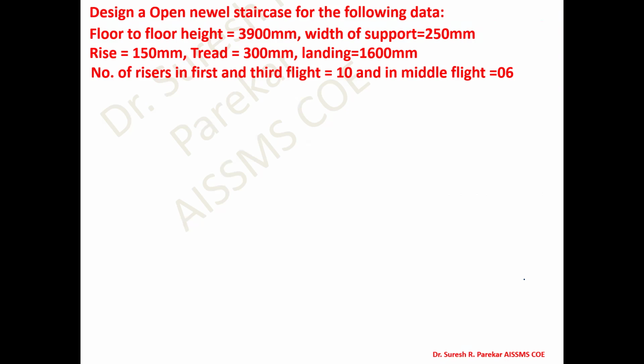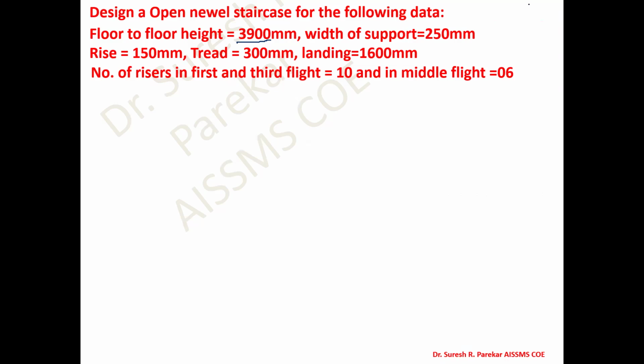Number of rises: in the first and third flight it is given as 10, and in the middle flight we have 16, because you can see we have a total of 3900.